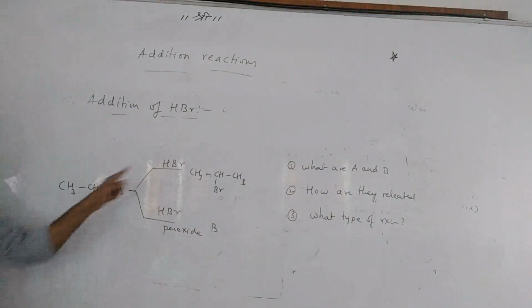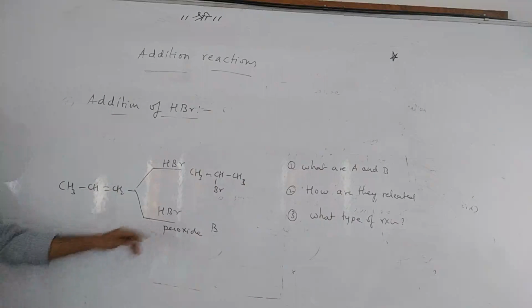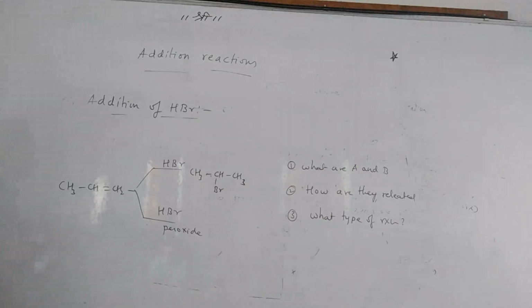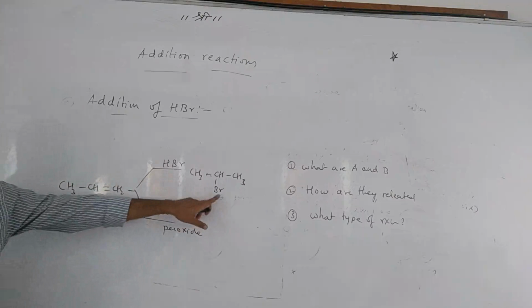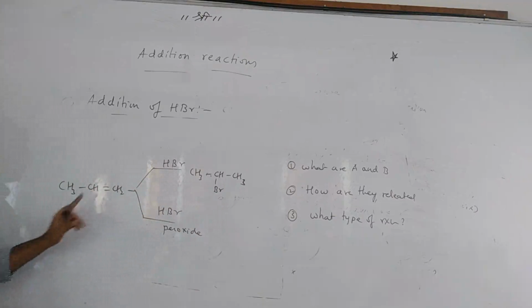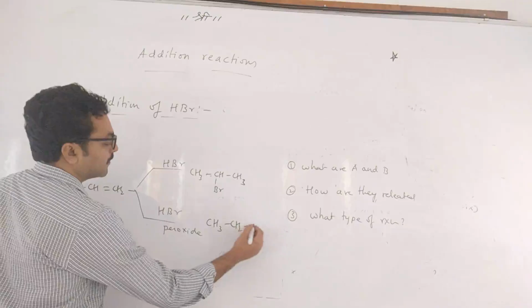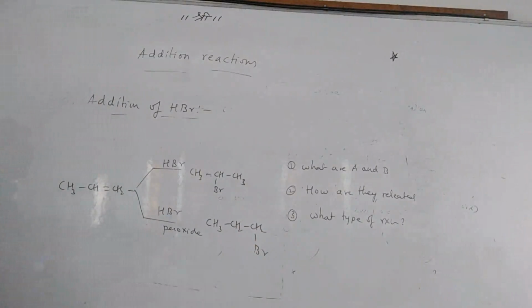Br will come at less number of hydrogens and H will come here. Niranjan, understood? And what is B? Two products will come, this is the major one. This is B. Now in the presence of peroxide, 1-bromo will come. This is the first answer, children. What are A and B? 2-bromopropane and 1-bromopropane.